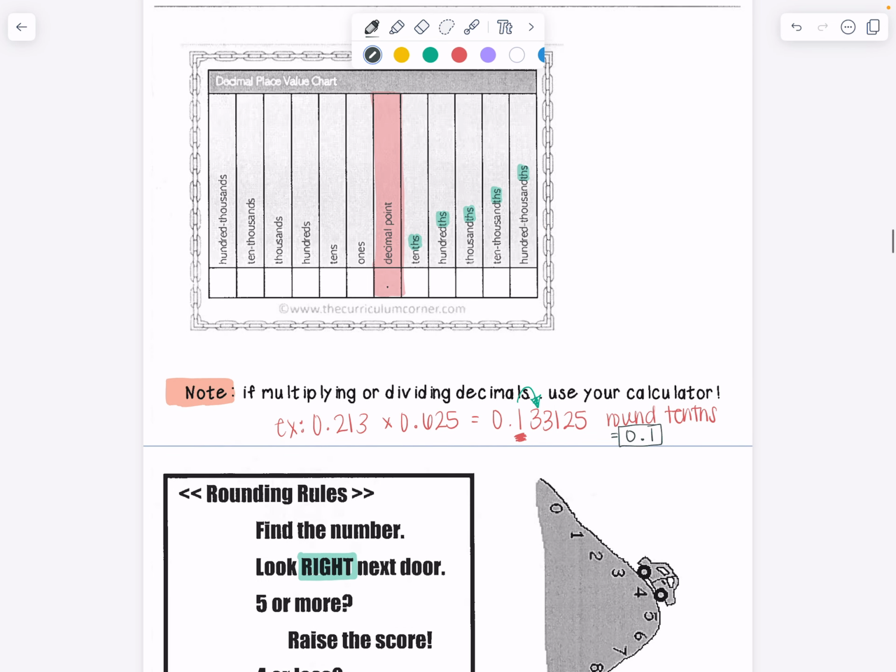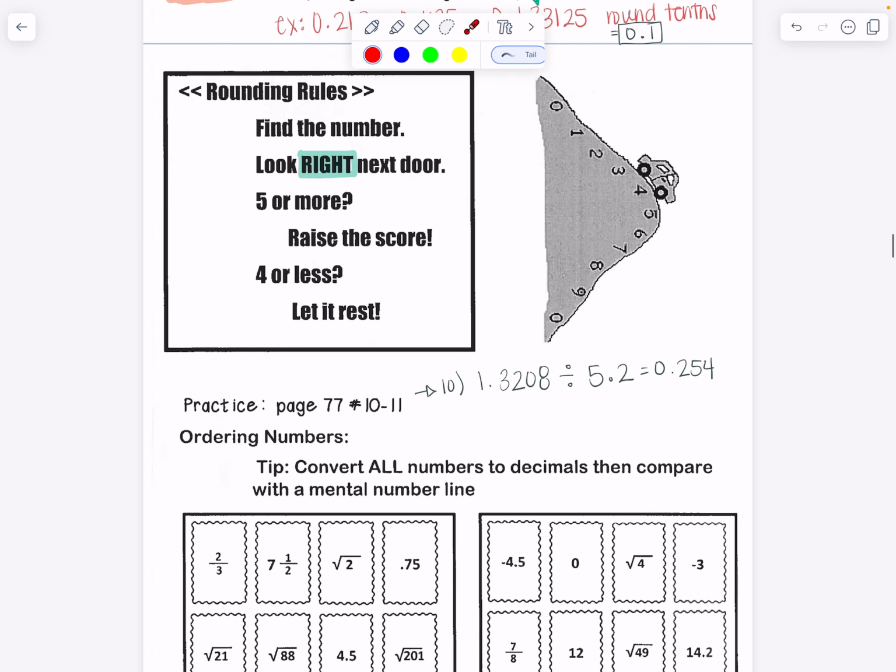Well, hundredths is going to be 2 spots to the right of the decimal. And 2 spots to the right of the decimal here, the place value is a 5. And so that's the hundredths. And that is letter D.